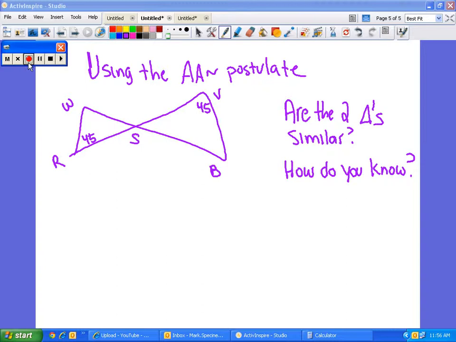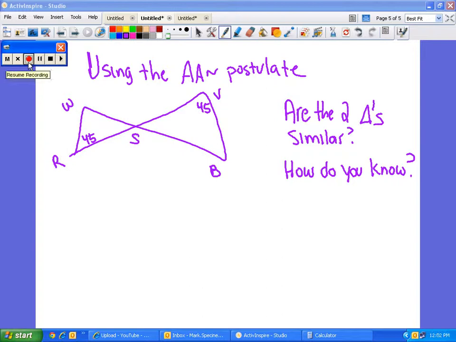Okay, so here we have two triangles. Now you can see we're using the angle-angle similarity postulate. So what I want you to do is tell me, yes or no, are the two triangles similar? And then also, if they are, how do you know?